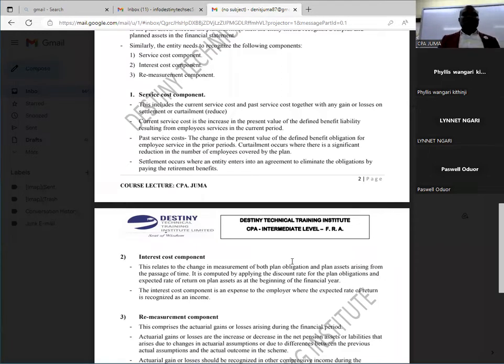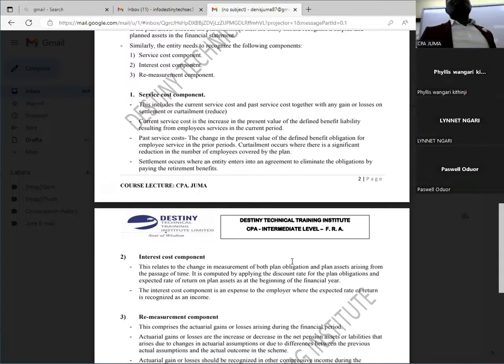Past service cost is the change in the present value of the defined benefit obligation for employee services in prior periods. Curtailment occurs where there is a significant reduction in the number of employees covered by the plan. Settlement occurs where an entity enters into an agreement to eliminate the obligation by paying the retirement benefit.